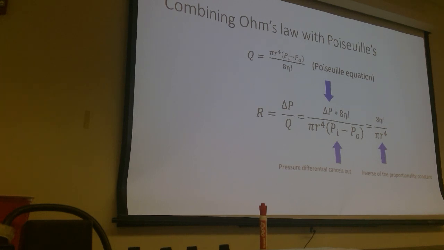So which blood vessels do you think, on the arterial side of things, we talked about different types, have the greatest ability to change resistance of the system? Large vessels or small vessels? Can we change the radius of the aorta by very much? No. Can we change the radius of an arteriole?